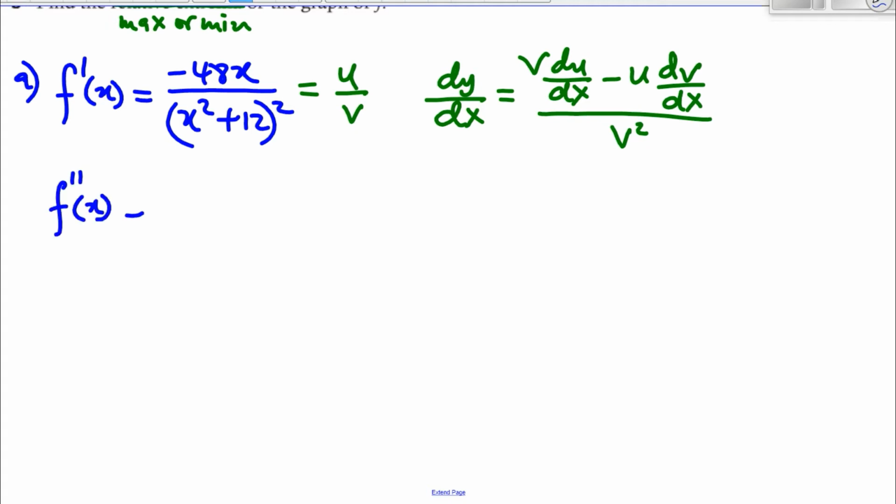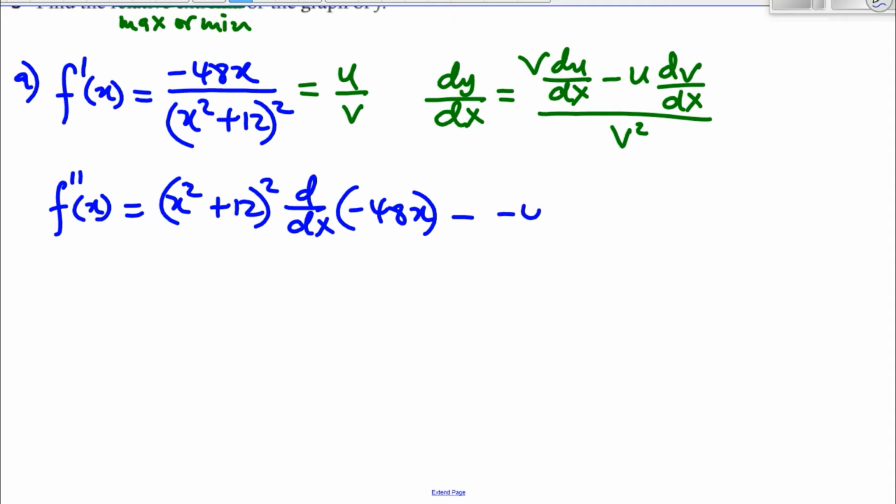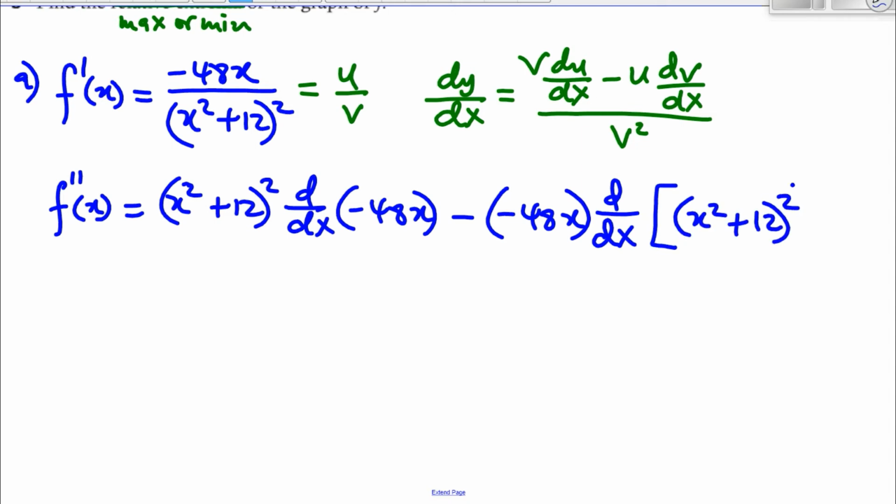So our second derivative will be equal to (x squared plus 12) squared, that's a square, times d/dx of negative 48x, minus negative 48x times d/dx of, and I think here I'll use this kind of bracket, (x squared plus 12) squared.